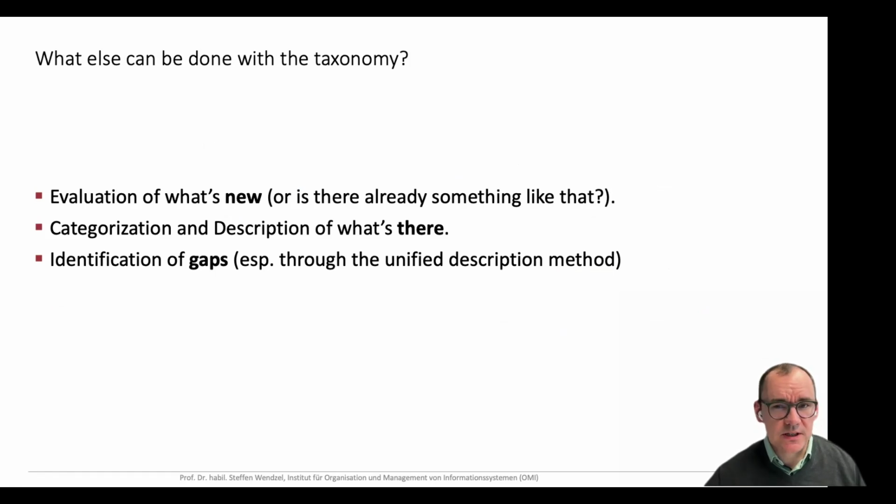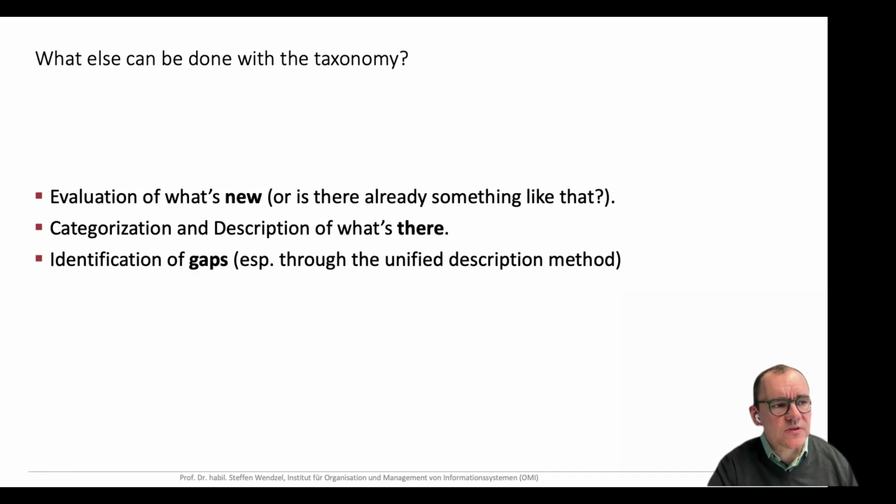What else can be done with the taxonomy? Well, we can evaluate what's new, first of all. So we can check, did someone already have the same idea and maybe just use different terms? We can categorize and describe what exists in terms of hiding methods, and we can identify gaps much more easily.